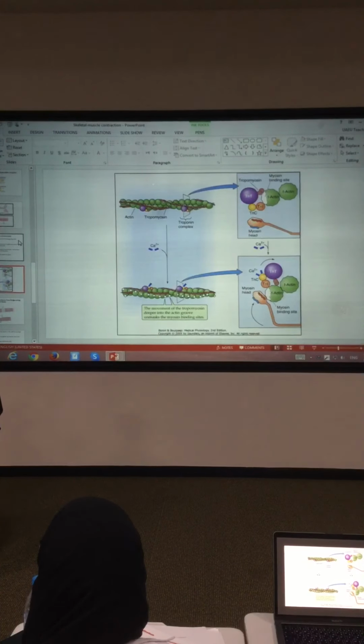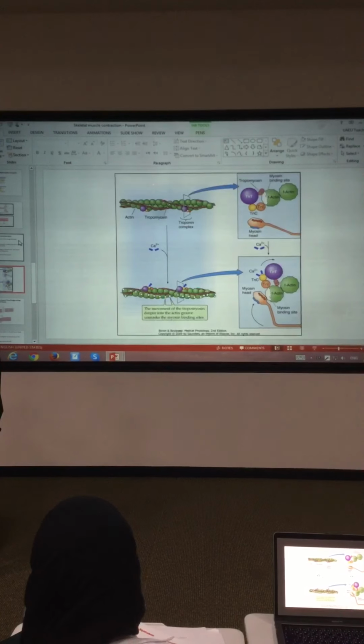On tropomyosin, you have troponin, another protein. Troponin and tropomyosin are together. Now, when will the myosin head come and bind to this? Only when the tropomyosin moves away, then only the myosin head comes and binds to the myosin site on the actin. Do you agree with me or not? Yes.